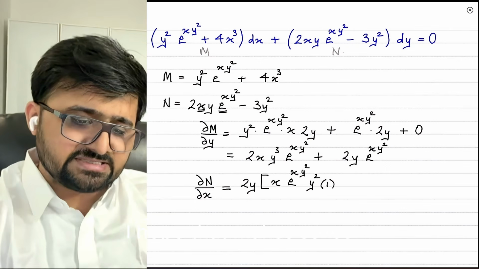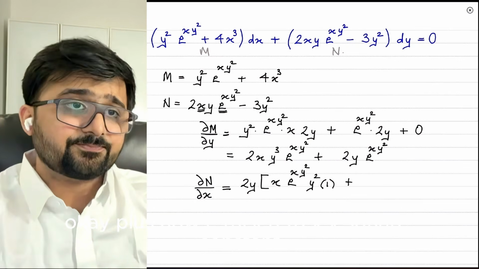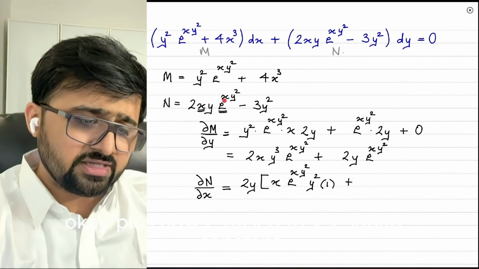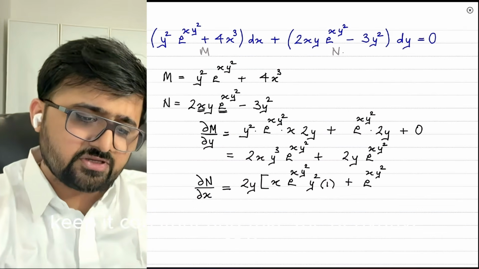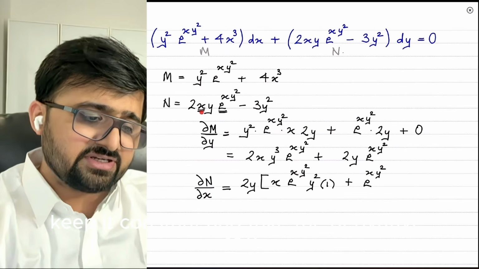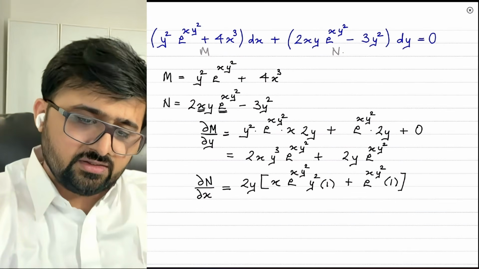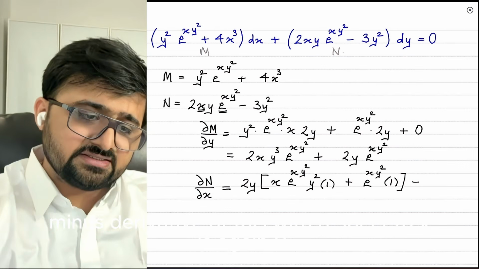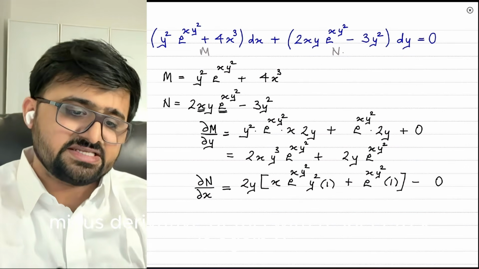I hope that makes sense. You'll have to know the UV rule in order to do this, okay? Plus. Now, e raised to xy square, keep it constant, and take the derivative of x. So derivative of x with respect to x is 1 minus, derivative of this with respect to x is again 0.